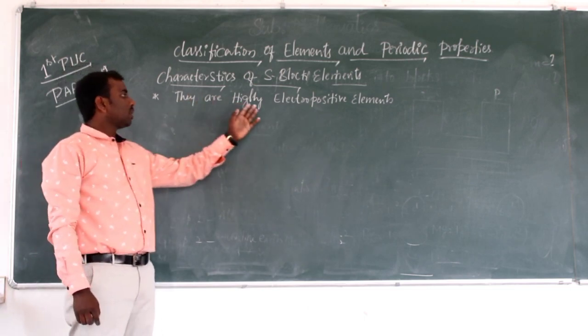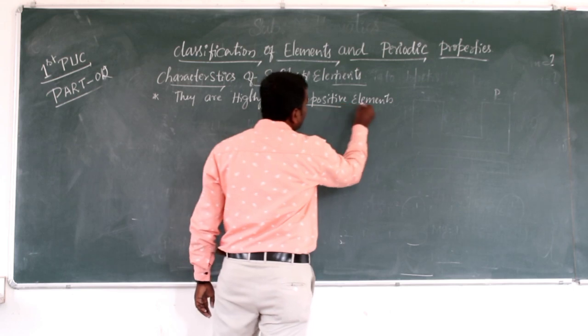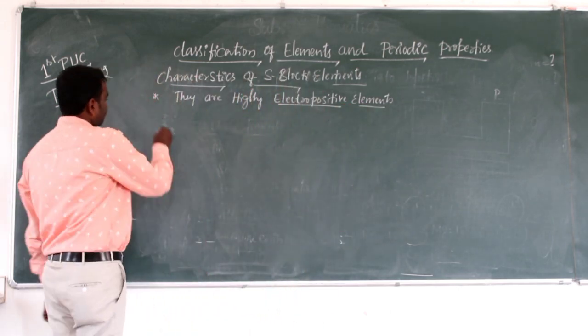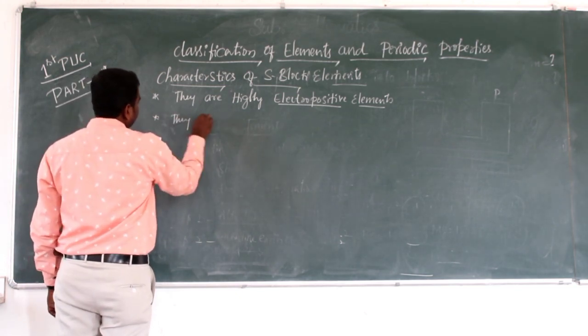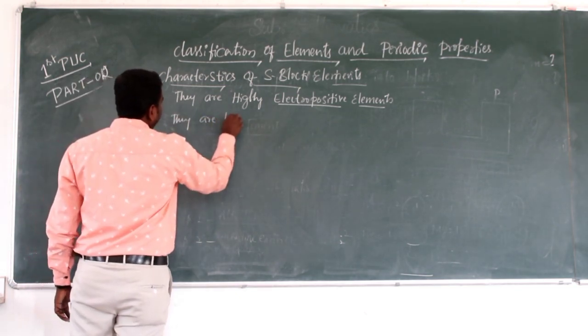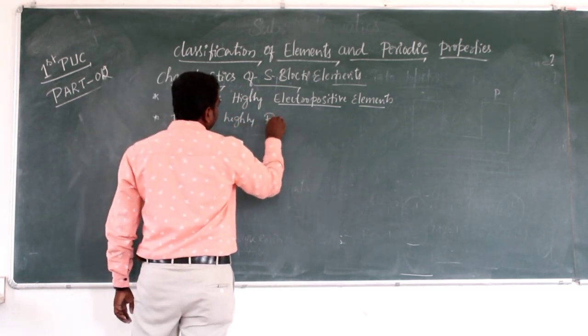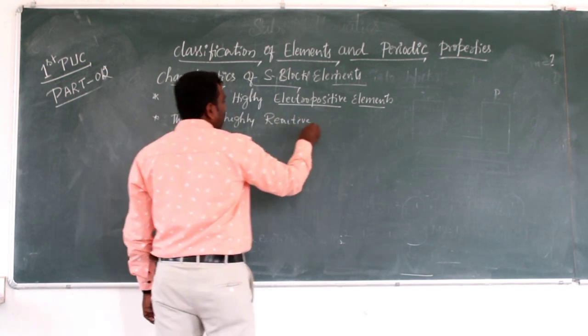Alkali metals ಗಳಲ್ಲಿ highly electropositive elements ಇರತಕ್ಕಂತ ನಾವು ನೋಡ್ತೀವಿ, right? And also the second character, they are highly reactive metals.